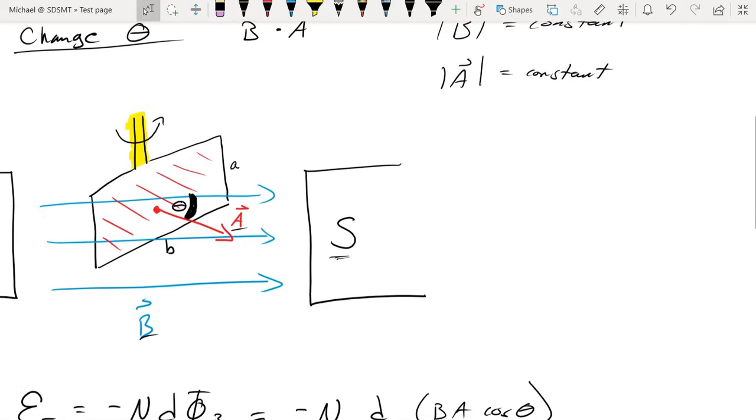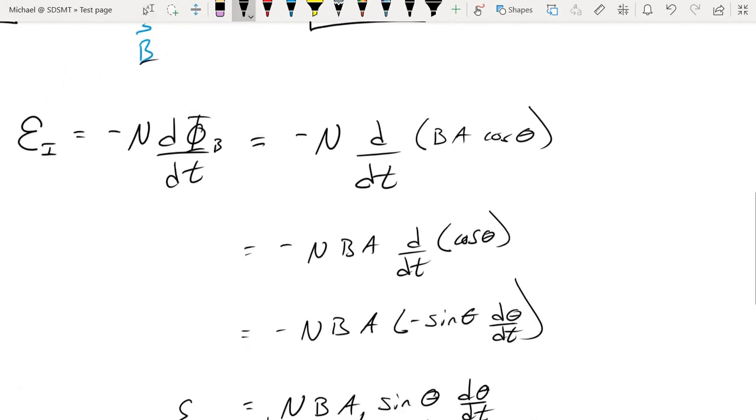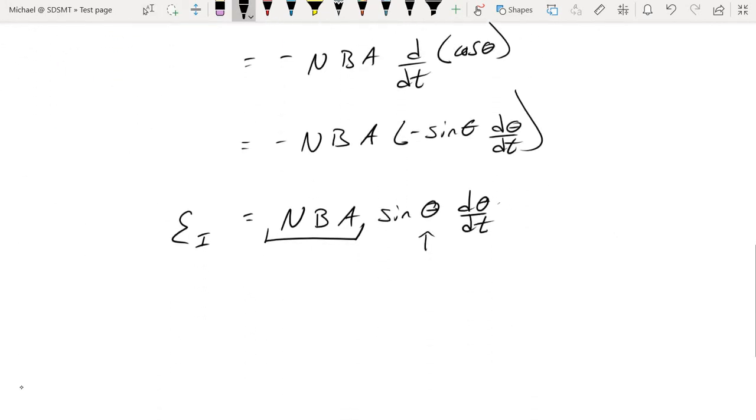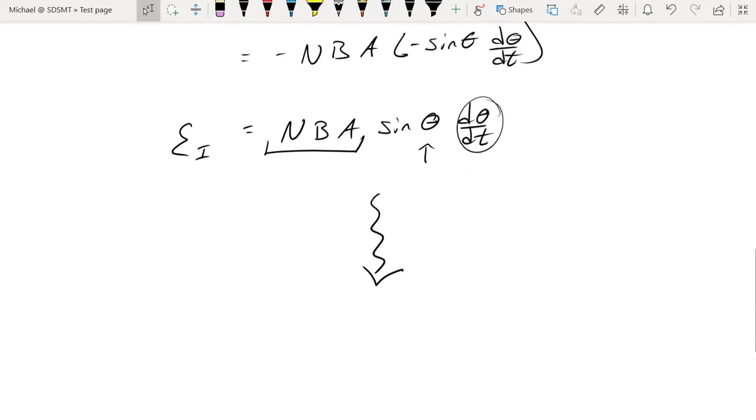But at the same time, there is also a rate at which that angle is changing with respect to time. So what we're going to do is take that changing rate and modify it such that we can basically combine both of these terms into a single term.